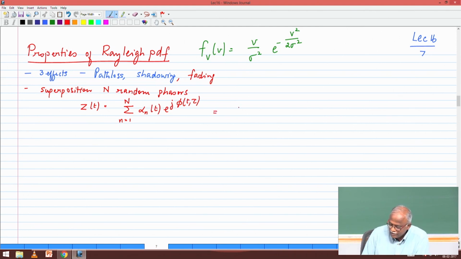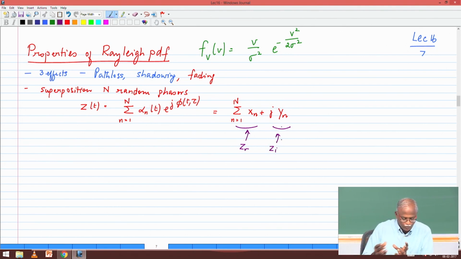So this can be written as a summation over n equal to 1 to N of components, once we resolve them, as xn plus jyn. Each of these contributes two parts. One of them contributes the ZR part, the other one contributes the ZI part, the summation of those terms, and those are what give us the Gaussian distribution.